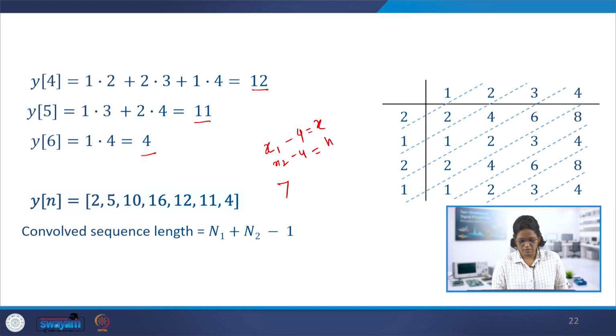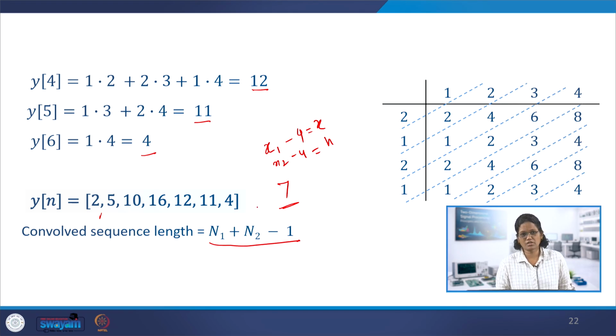So the resultant convolved sequence in a linear convolution has the length n1 plus n2 minus 1, that is 4 plus 4, 8, minus 1. We have 7 as the sample length, and we get this because it starts with the 0 index.